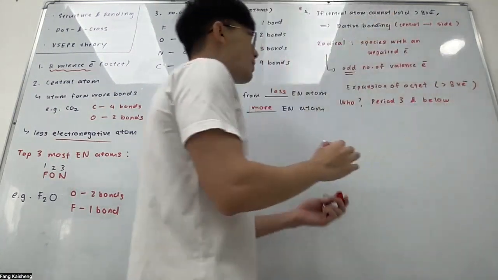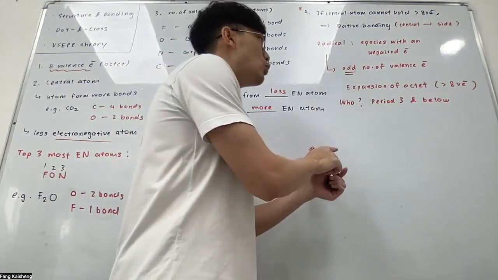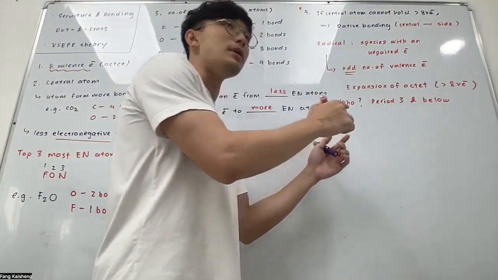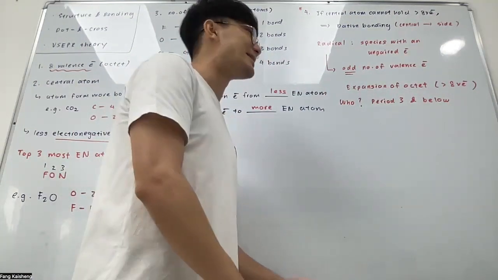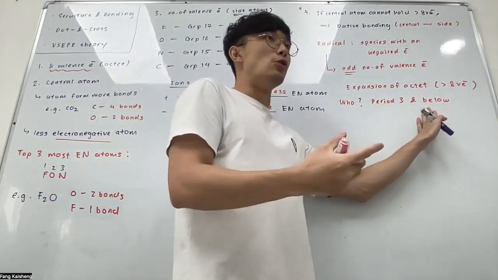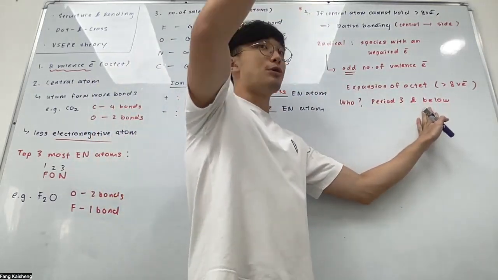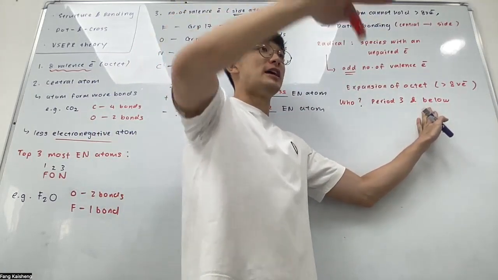Now, guys, I just have to be very clear about this. What does below mean? Does it mean period 2, period 1, or does it mean period 4, 5, 6, 7? Any guesses? When they say below, guys, they physically mean below. So if you look at the periodic table, what's below period 3? Literally, it means 4, 5, 6, 7.